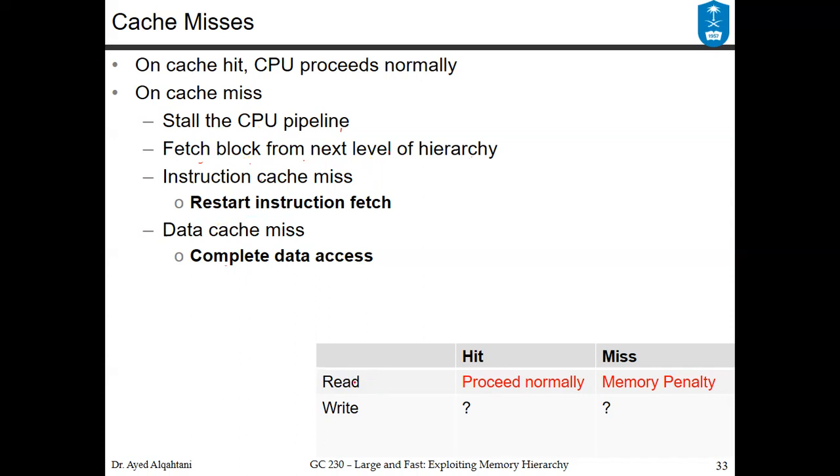So in summary, if you're trying to read and it was a hit, you proceed normally. If it was a miss, this means that you need to wait for some time. This is called a memory penalty, or sometimes a miss penalty.